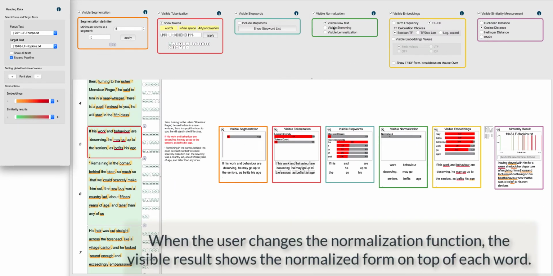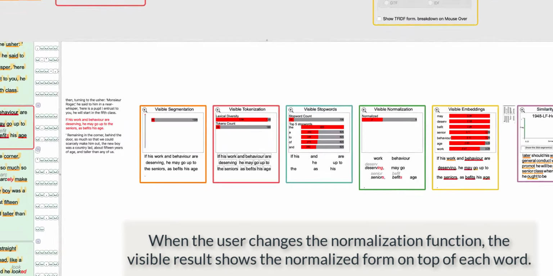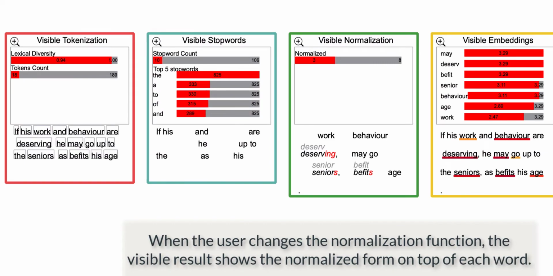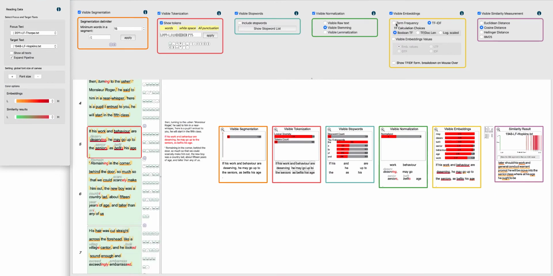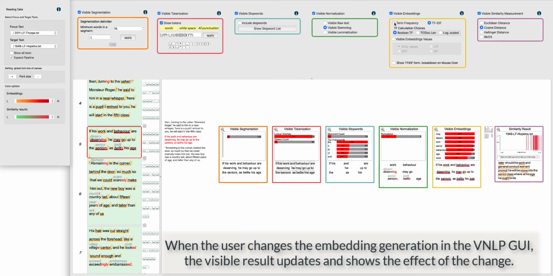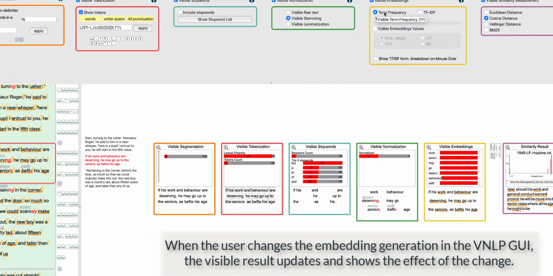When the user updates the normalization function, the visible result shows the normalized form on top of each word and affects the next stages. From the visible embedding GUI, when the user changes any option, the visible results update and show the effect of the change.